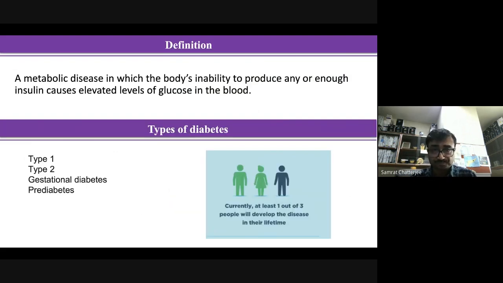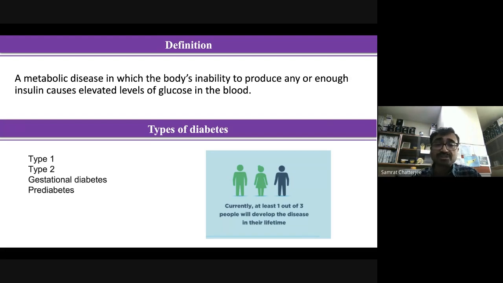And the problem with diabetes, that of course we know, is that the insulin secretion reduces, causing an increase in the glucose. But there are different types of diabetes: type 1, type 2, gestational diabetes, pre-diabetes, and all. So today my talk will be mainly on type 2 diabetes.